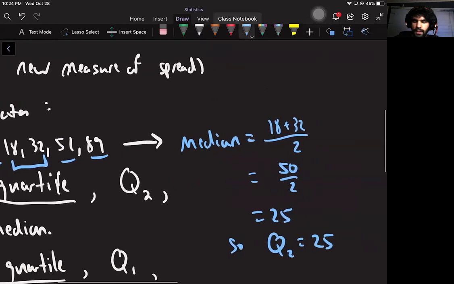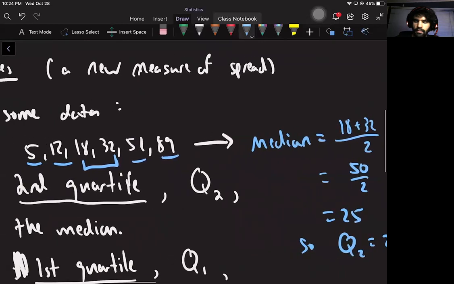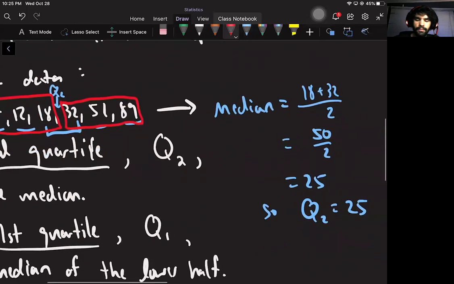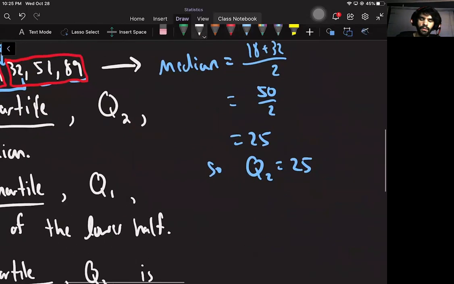So now the idea is that that quartile, or the median, cuts the data into two halves. So it cuts it into a lower half, these 3 points, and an upper half, these 3 points. So then Q1 is the median of the lower half. So what's the median?